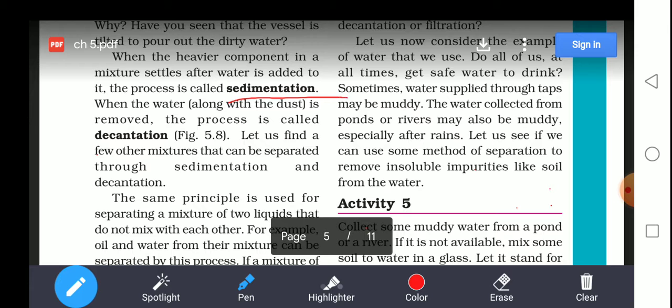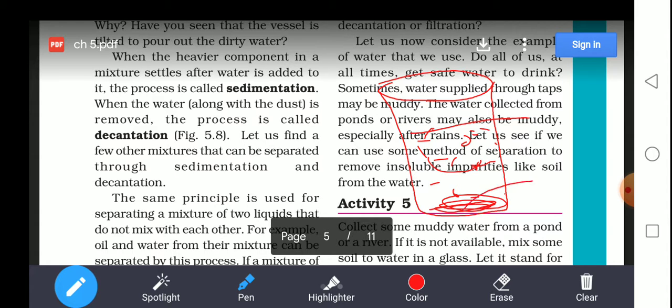Suppose you take a glass and add some water to it. After some time, some particles will settle at the bottom part. Up to this level, water is there. And this is what? Impurities.